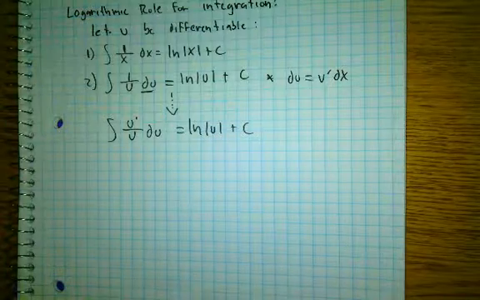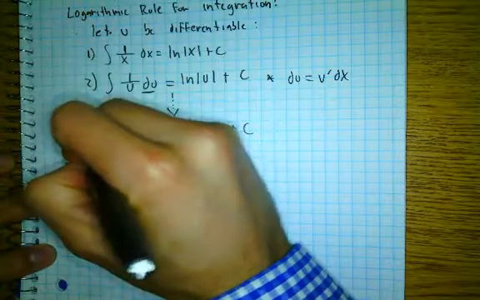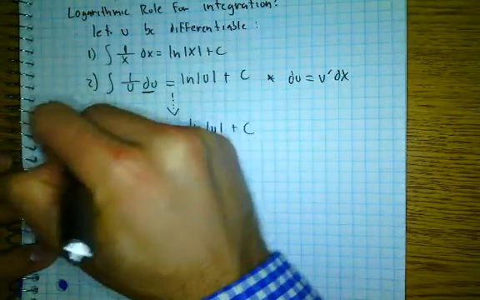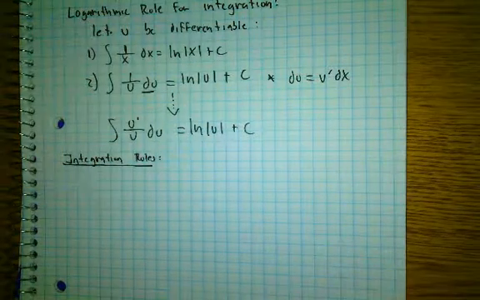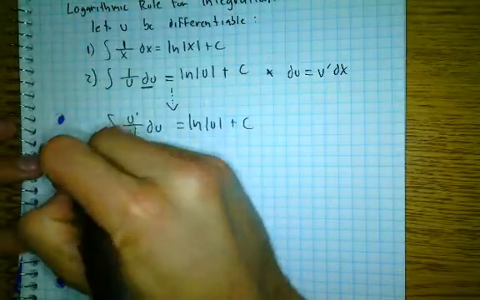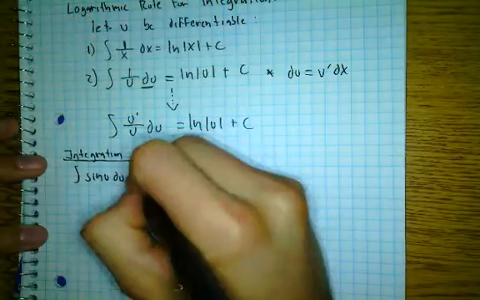Ready? So we got some integration rules, and they have to do with trigonometry. Some of these you actually already know. So what is the integral of sine u du? That one you should know.